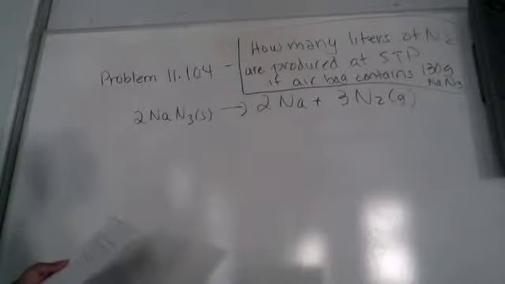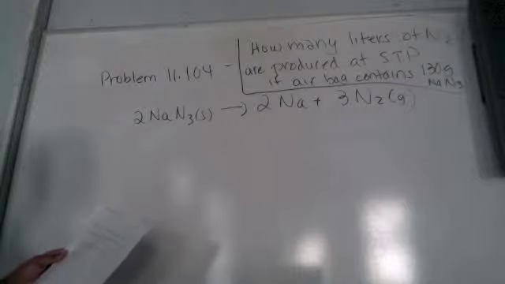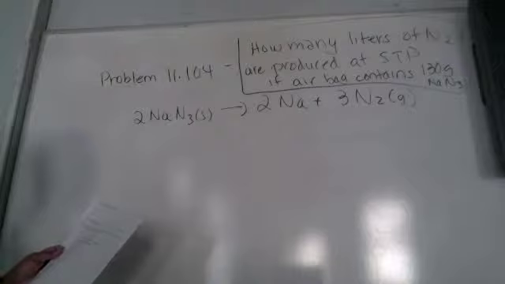That information, how fast it fills, is not really important because we're not being asked anything about the rate of filling. But it does ask how many liters of nitrogen are produced at STP if the airbag contains 130 grams of sodium azide.